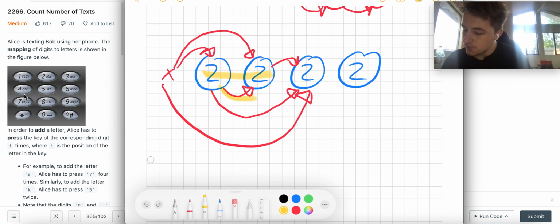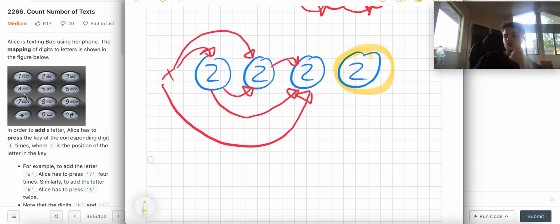Now, what about this 4th 2? Should I then have 4 edges going into this system? Should I consider the last 4 things?